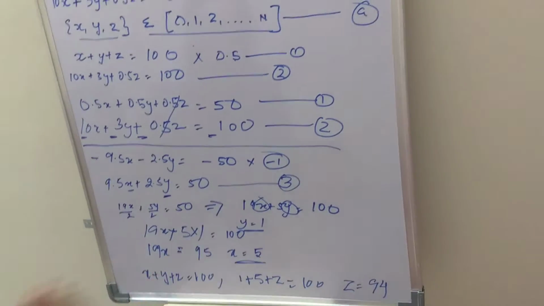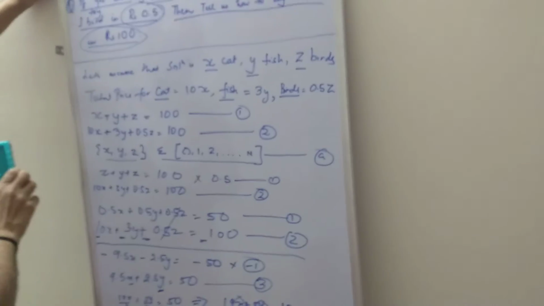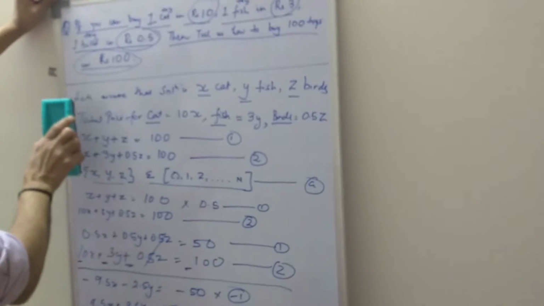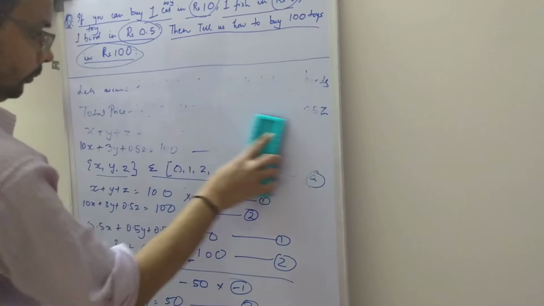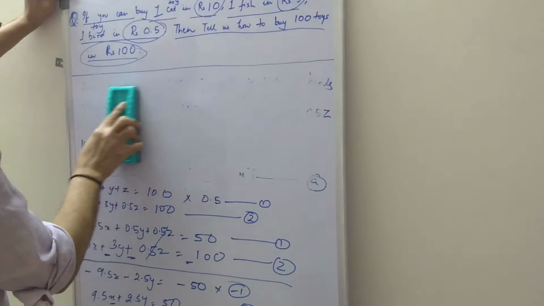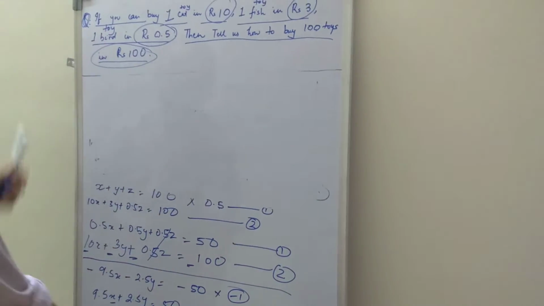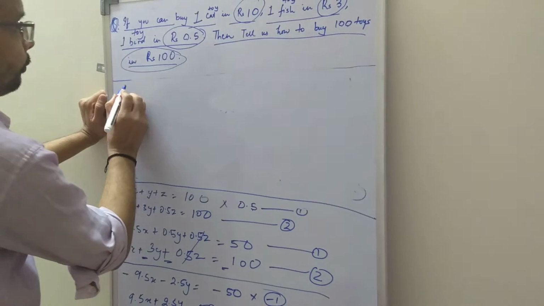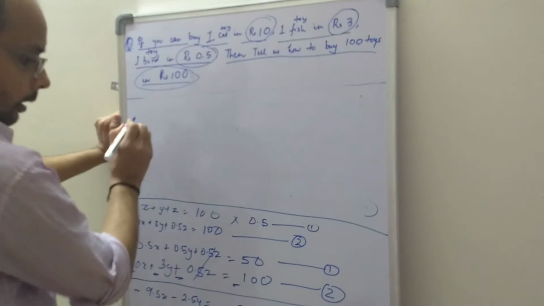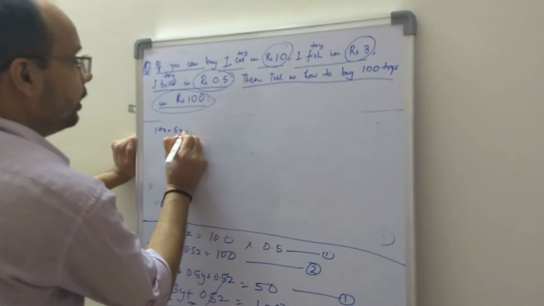Now why is this a solution? Let me erase all of this. Remember, when you substituted, you had the equation 19x plus 5y is equal to 100.